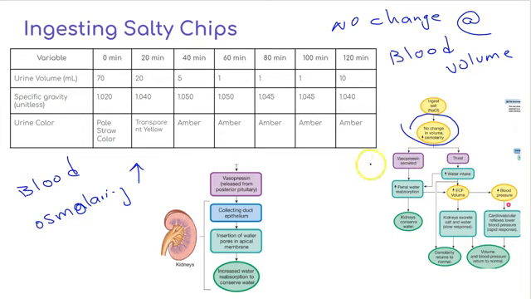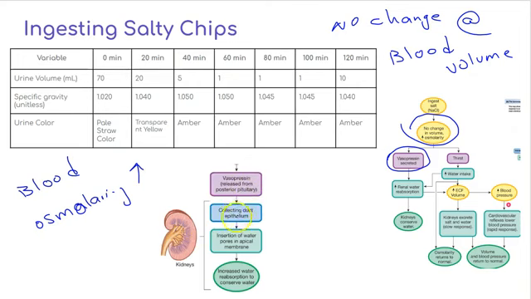Okay, so then what is going to happen? The vasopressin is going to be released by our posterior pituitary gland, and the way that the vasopressin is going to help our body get back to the normal value is that it's going to increase the water reabsorption in the nephron, by increasing the number of the aquaporins in the collecting ducts. So the vasopressin target organ would be the kidney.